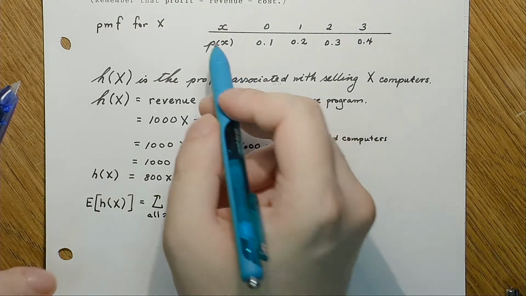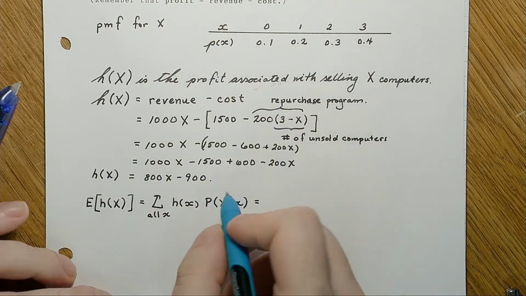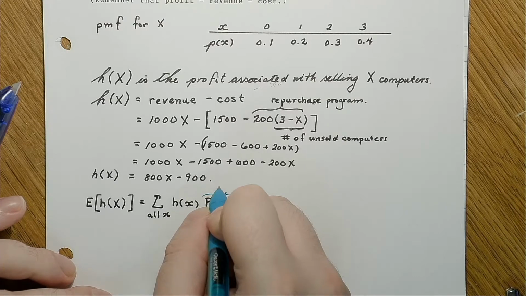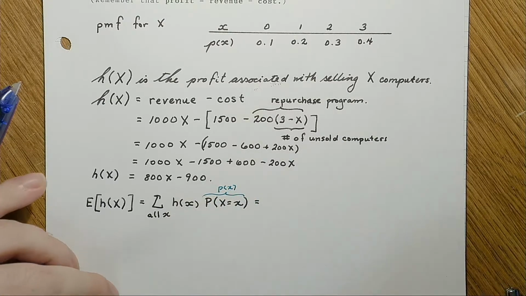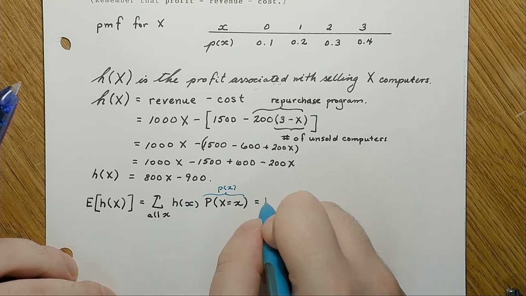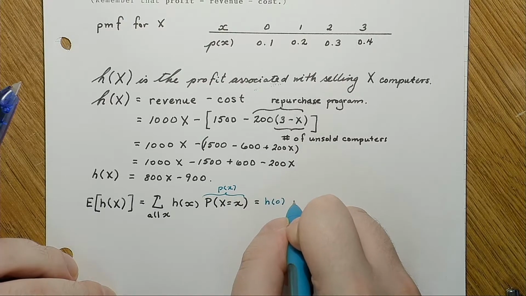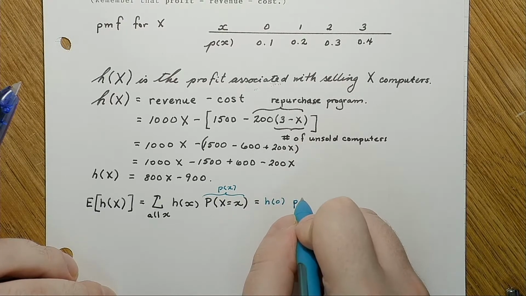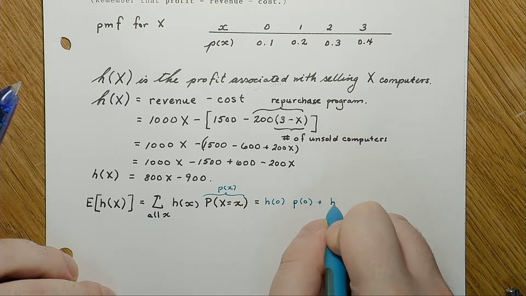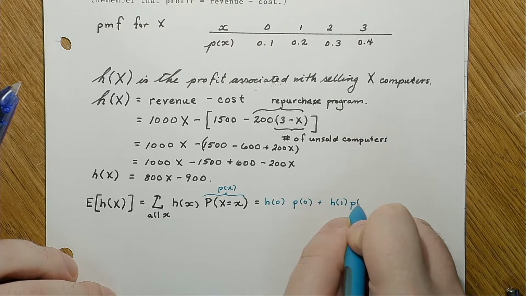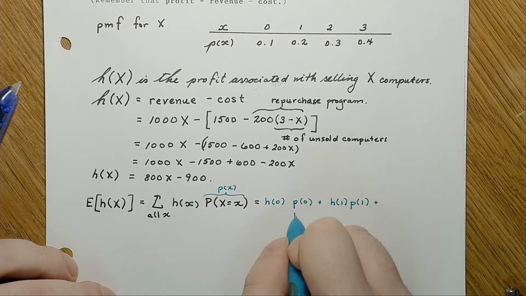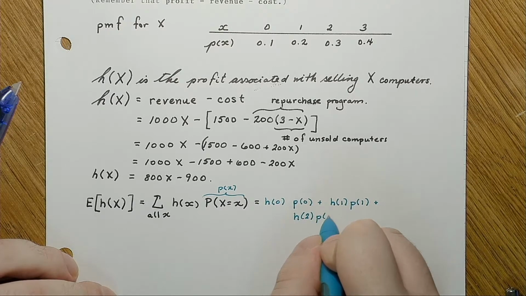And again, because I've written it up here as p of x, these mean the same thing. So I could write this as h of 0 times the probability of 0 plus h at 1 times the probability of 1 plus h of 2 times the probability of 2.